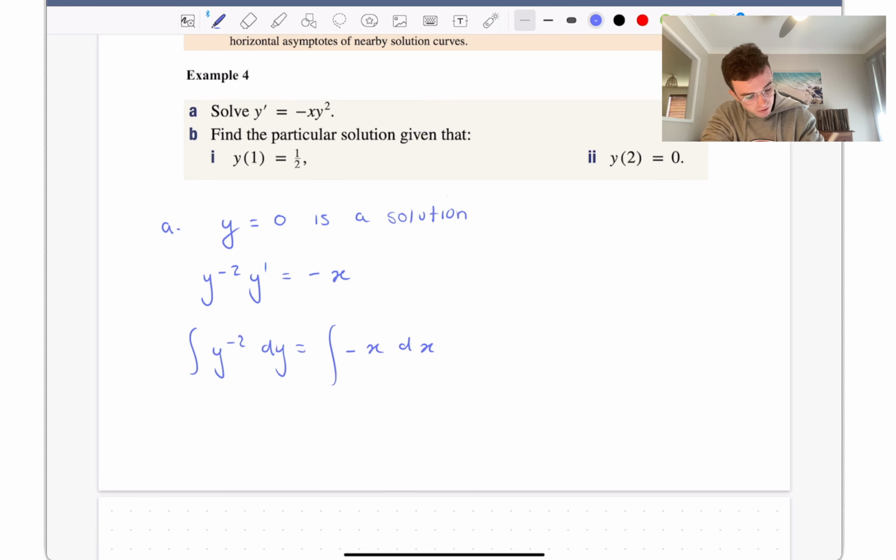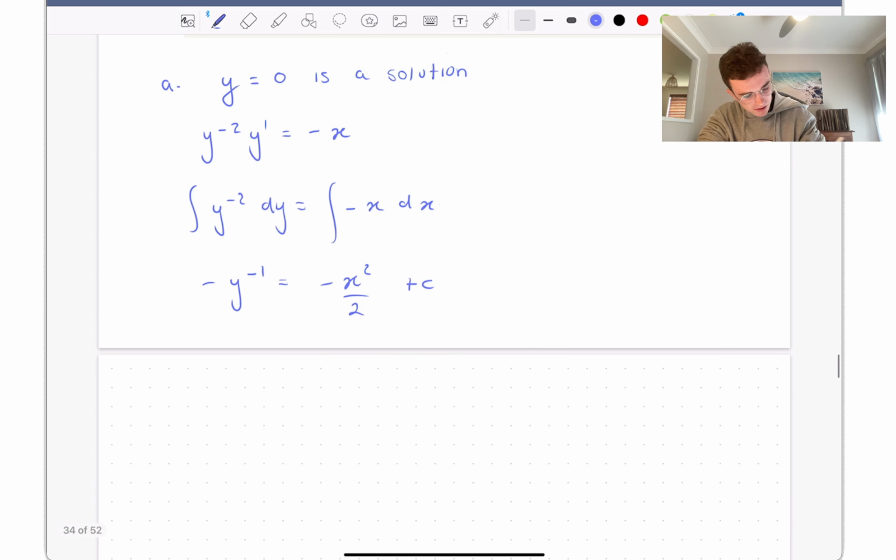Now, of course, the integral of y to the minus 2 is minus y to the minus 1, and that's equal to minus x squared on 2 plus c. We might cancel those minuses, so we might say y to the minus 1 is equal to x squared on 2 plus c. And that's our solution there.